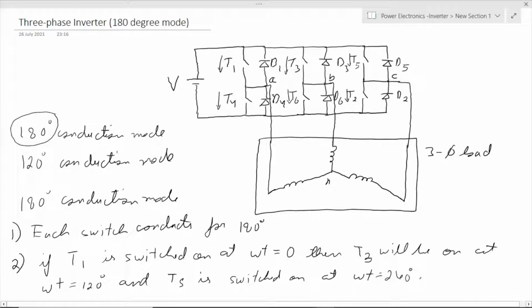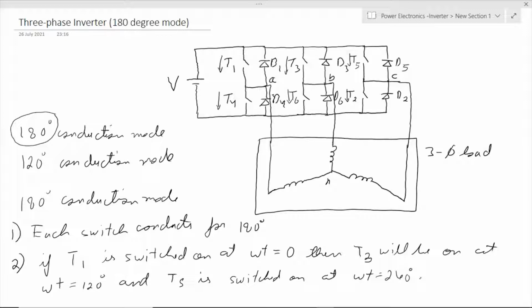If the AC supply is 360 degree, a full cycle of AC supply that has to be generated, T1 will be on at omega t equal to 0, then T3 will be on 120 degree after that. The B phase has to be generated after 120 degree, so the switch also has to be switched on after 120 degree.